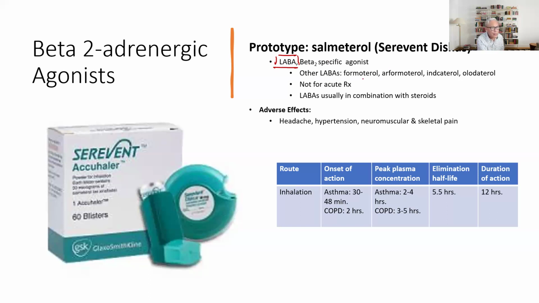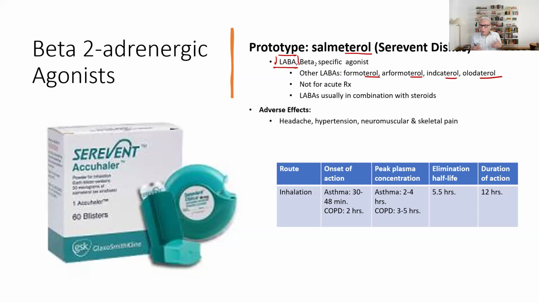The thing is that they're easy to identify because they usually are going to end with the suffix -terol. So as you notice, salmeterol, formoterol, indacaterol, olodaterol. So these are going to be medications that are long-acting.